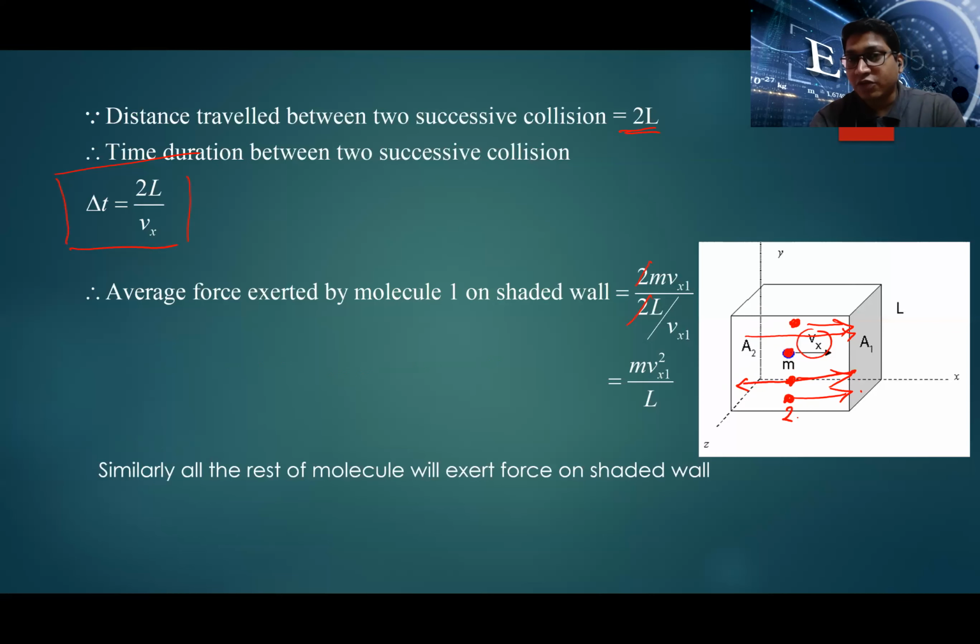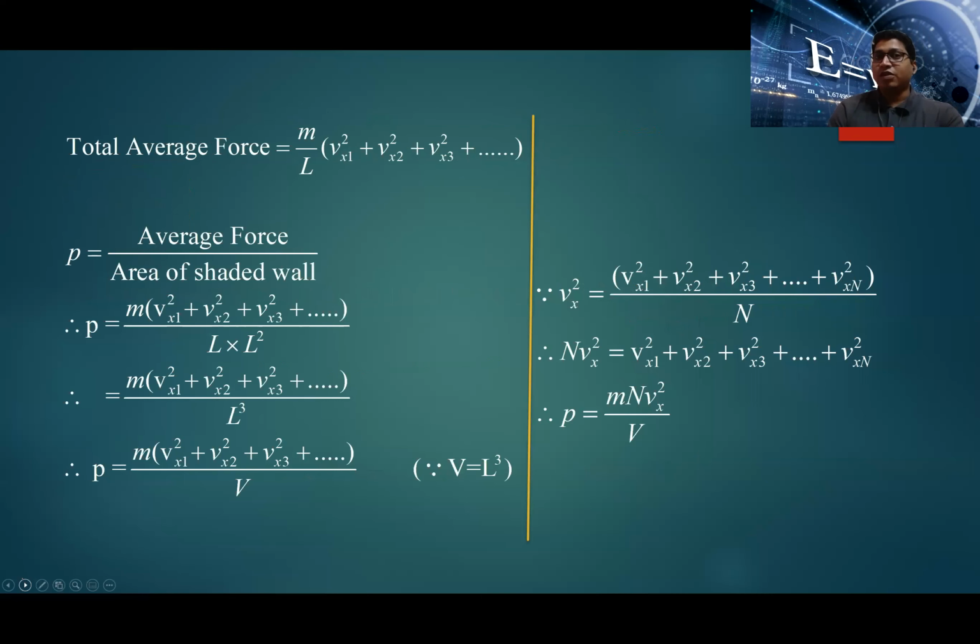So the total force because of n molecules is going to be mVx1 square upon L plus mVx2 square upon L plus mVx3 square upon L, and so on till mVxn square upon L for the nth molecule. This is our total force.